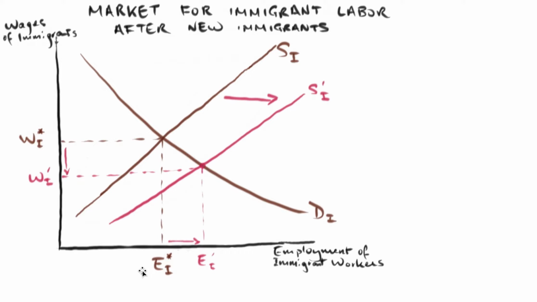The arrival of new immigrants shifts the labor supply curve for immigrant workers to the right, and the market finds a new equilibrium. This new equilibrium wage is WI prime and employment EI prime.